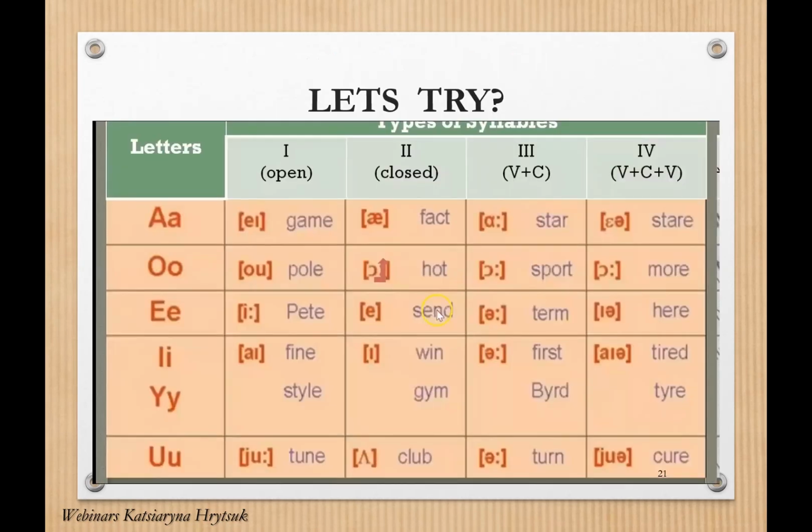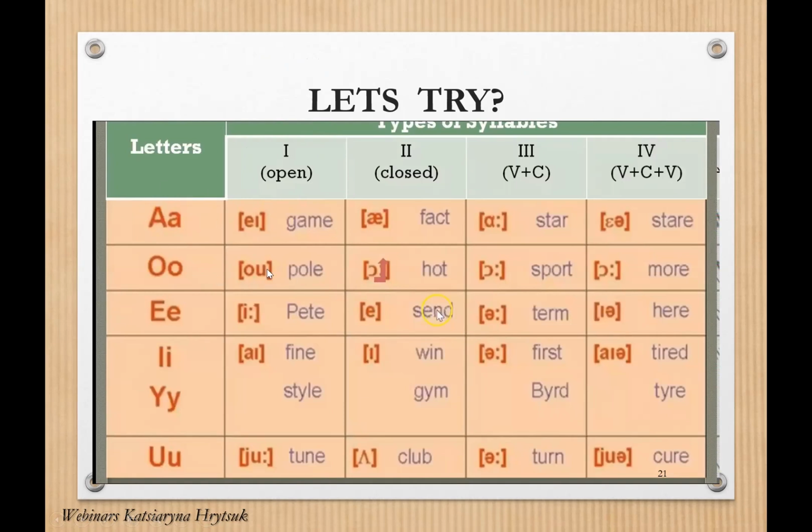Here, I was searching for all types of syllables with letters, and you will see letter A, open syllable, the same sound as the letter. All letters in the open syllables should be read as the letter.